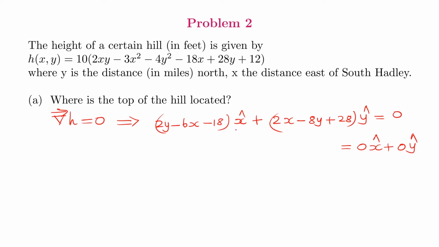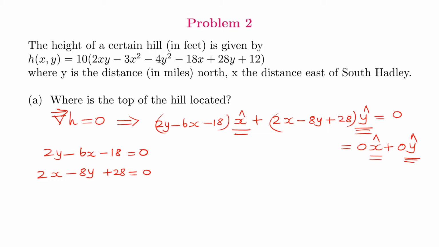When we equate the terms of x hat, we have 2y minus 6x minus 18 equal to 0. And when we equate the terms of y hat, we have 2x minus 8y plus 28 equal to 0.